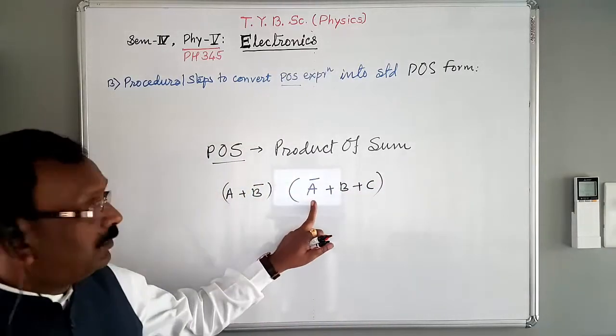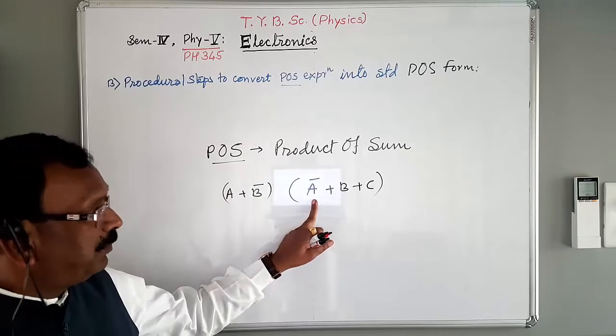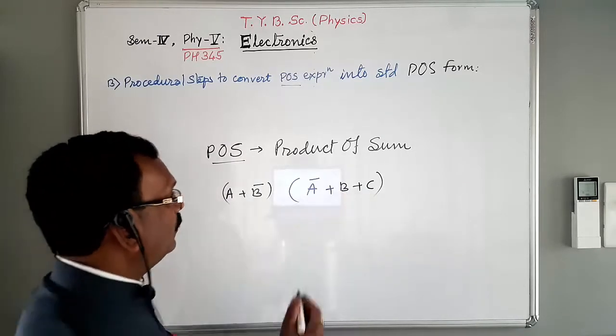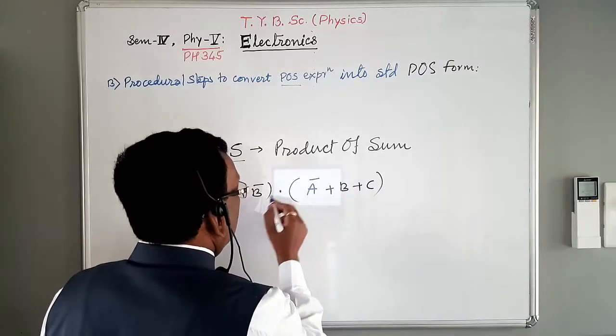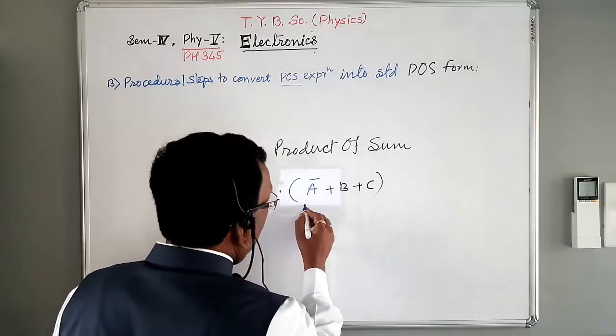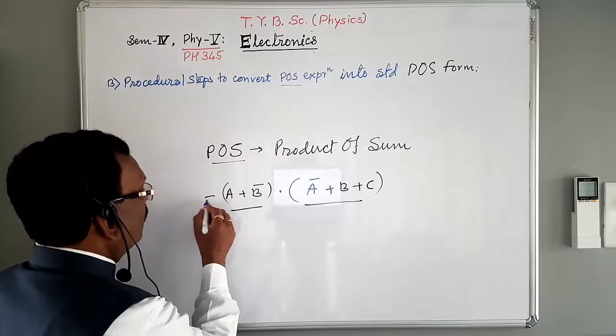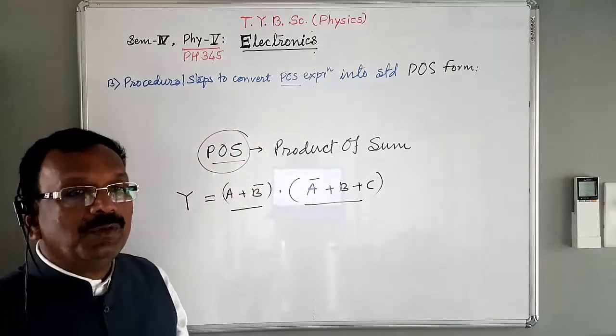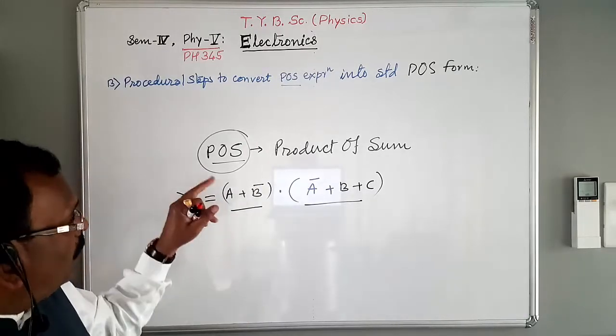This is also a sum term because this is the sum of three inputs, A bar, B and C. Now the product of this sum term and this sum term is called POS form or POS expression. Okay, have you got it?